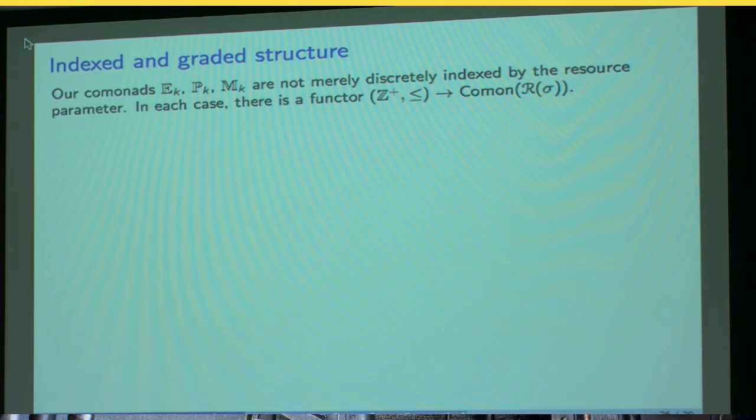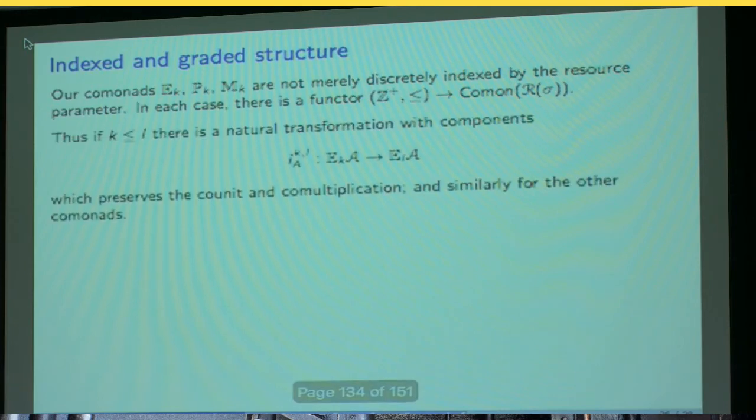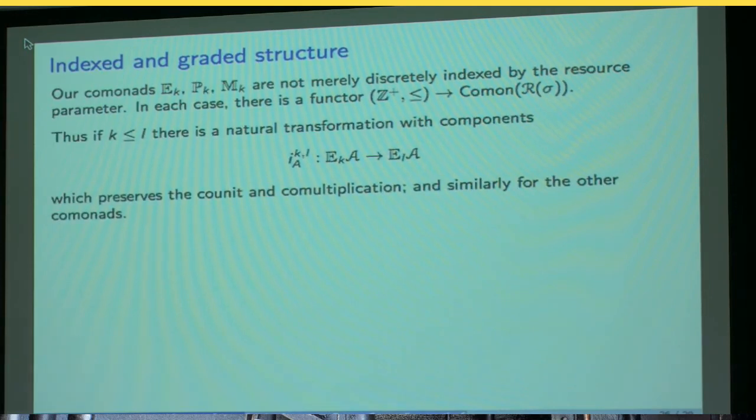Of course, these monads are not just discretely indexed, they're certainly a functor from the poset of positive integers into the category of comonads, and so that means that you get morphisms that include k-level Ehrenfeucht-Fraïssé into, say, k+1 level Ehrenfeucht-Fraïssé, because playing up to k rounds is a special case of playing up to k+1 rounds.